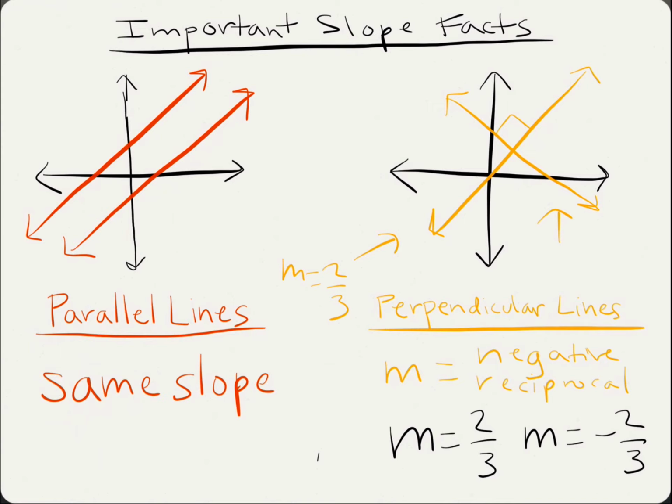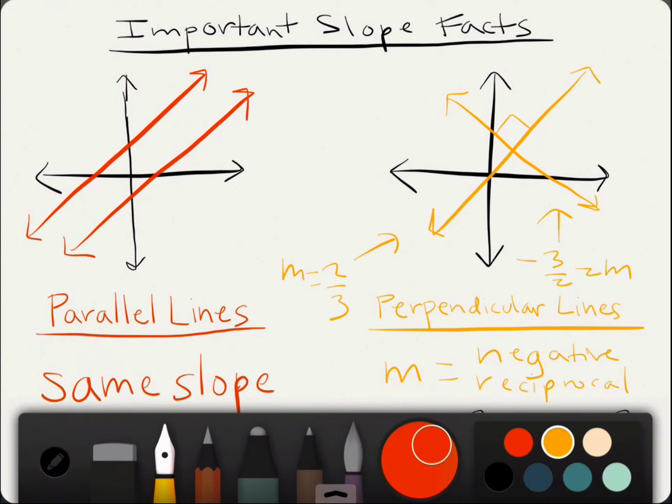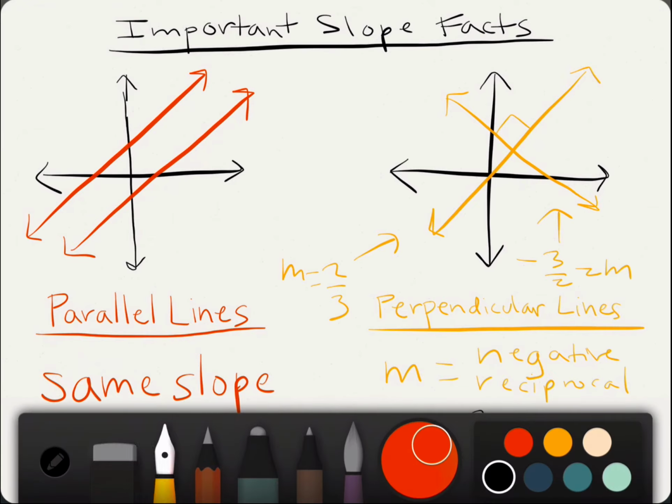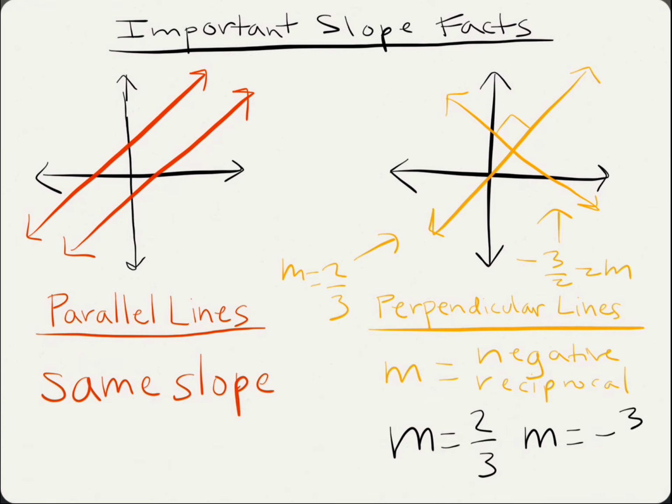It's going to be the negative reciprocal. So it's going to be negative 3 over 2. Let me edit this right here because this is wrong down here. So the negative reciprocal will be negative 3 over 2. Does that make sense?